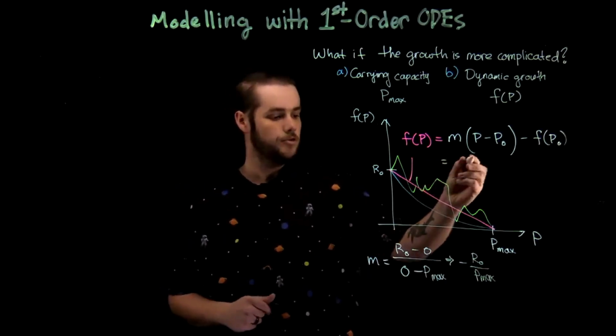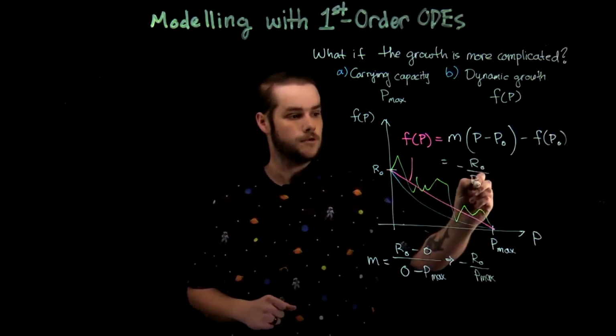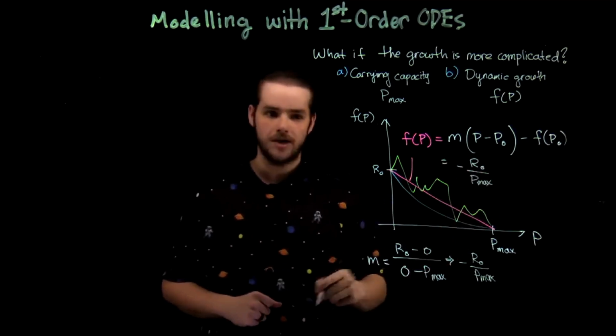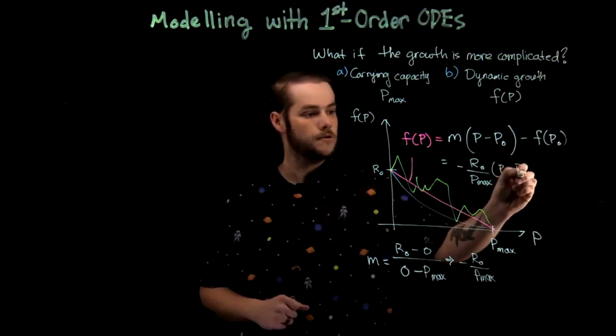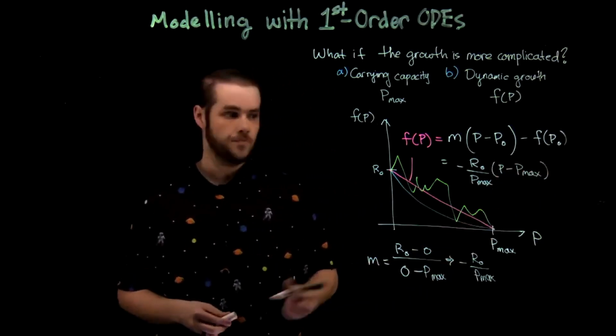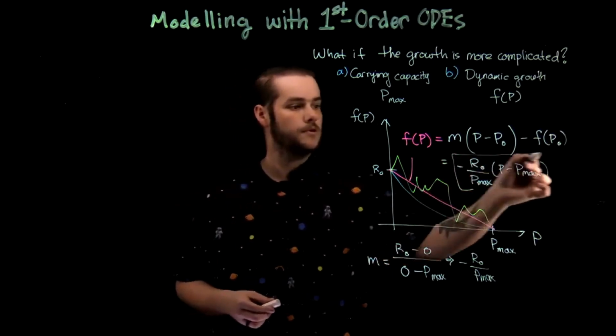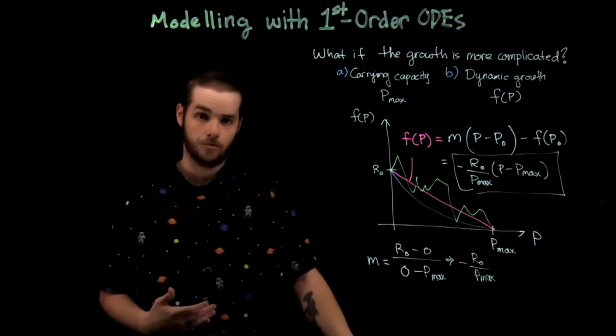So now I can do a little bit better by my model. And just so that y is 0, let's use p max over here. And then f of p max, of course, is 0. So there we go. Now I've got a dynamic growth rate.